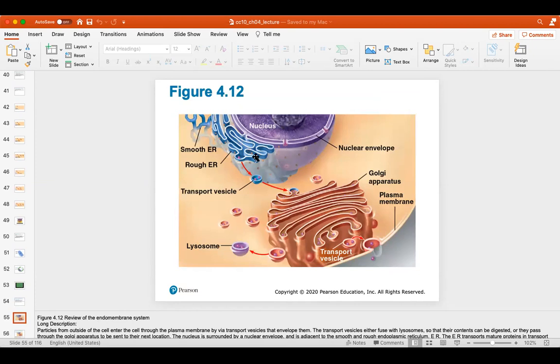Those ribosomes will create proteins, which will travel through transport vesicles, which will head to the Golgi apparatus, which will sort those proteins, and then eventually transport all the proteins out of the Golgi to transport vesicles either outside the cell or inside the cell. A lysosome will help digest anything damaged or anything that needs to be broken down.